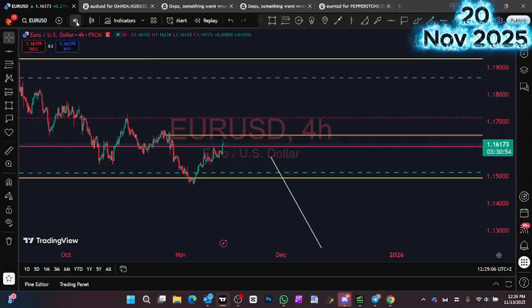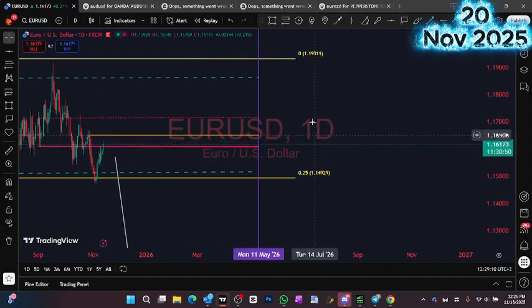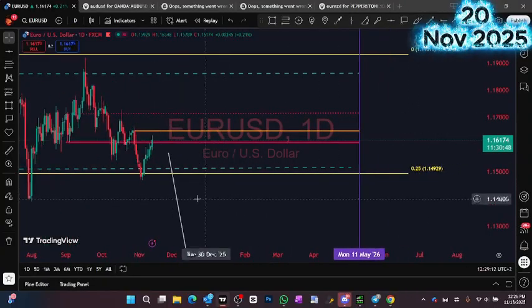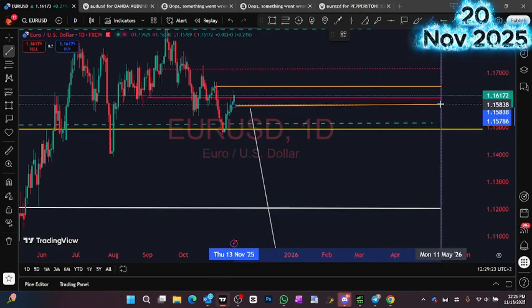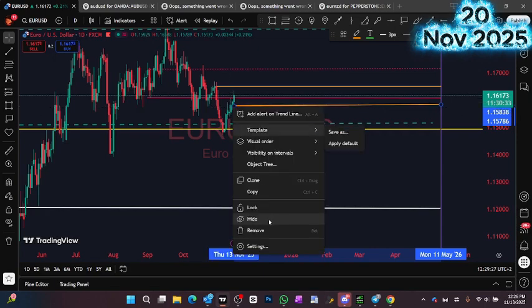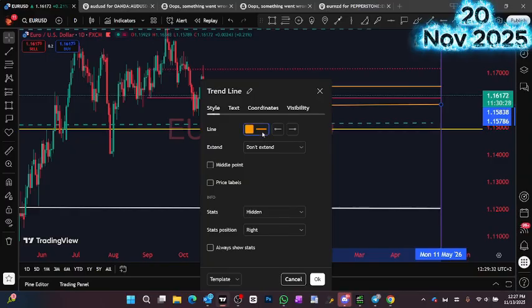So what I do, well, it's not a sure thing that will happen. What I do is I keep marking as price goes up. I keep marking the low of that daily candle.